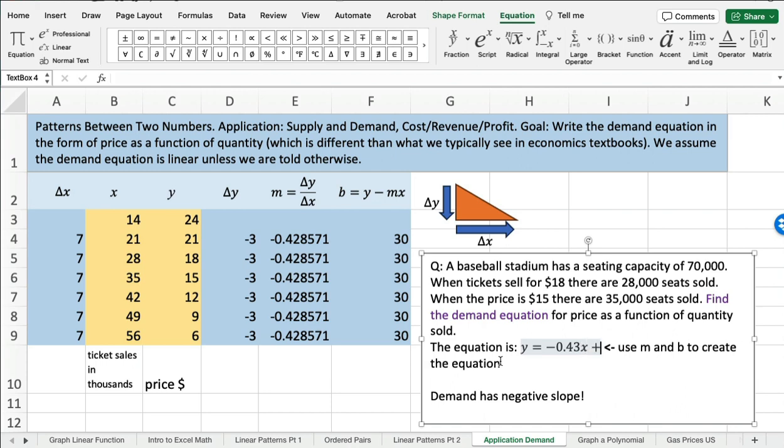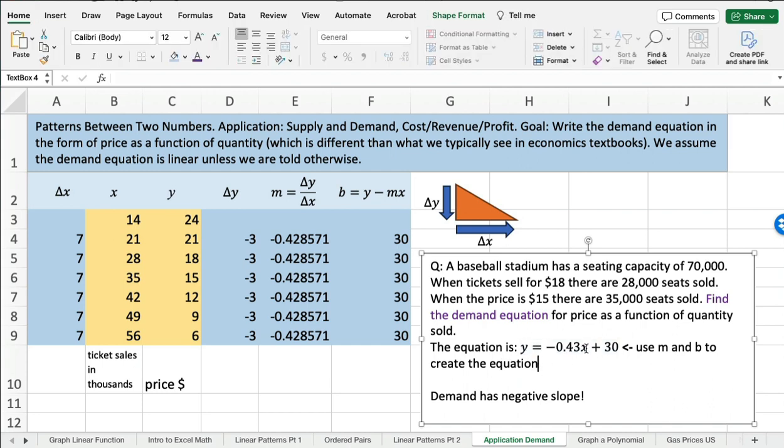And then we add to that our b value, which is 30. So that is our equation for price based on demand. And no matter what the value of x is, as long as x is being measured in thousands of tickets sold, we can predict what the price is based on the number of tickets that we sold.